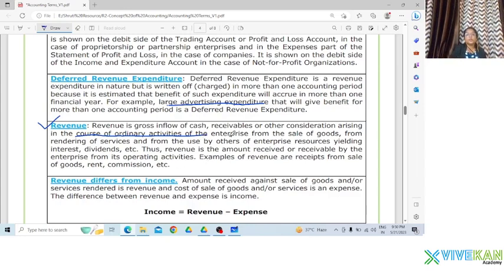So revenue is a gross inflow. Gross means there may be some more expenses coming in, and then it will turn out to give you income. So it's a gross inflow of cash or receivable arising in the ordinary course of business, like sale of goods or rendering of services, and not from other than operations, as explained.